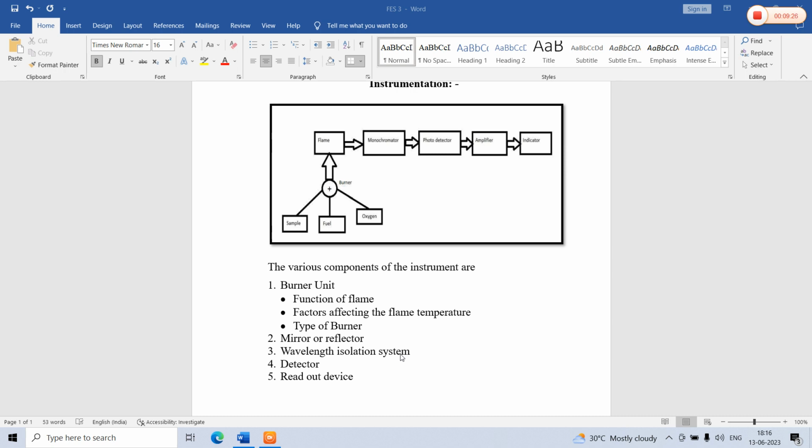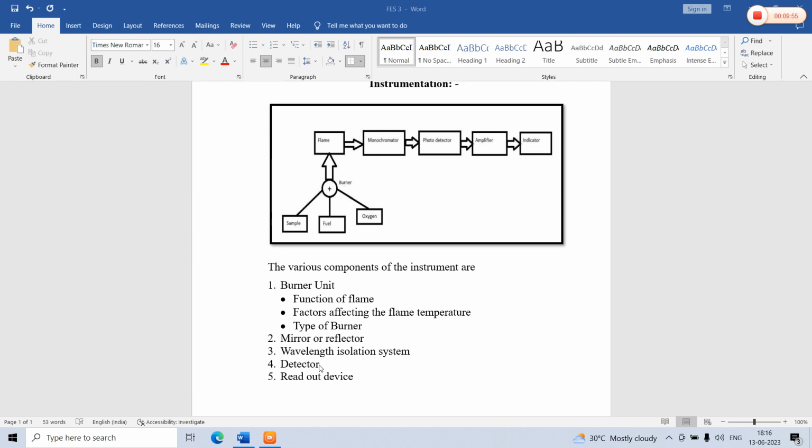Now the detector. What is the detector? The detector is the part involved in flame emission spectroscopy which detects the signal. It converts the light energy into an electrical signal. The light coming from the monochromator is incident on the detector.